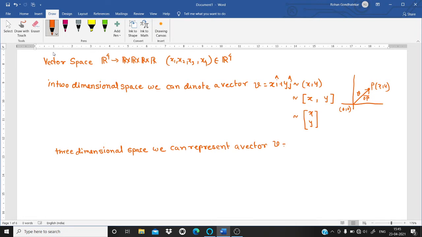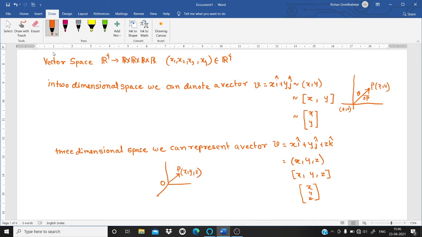I'll take the same notation v as x i cap plus y j cap plus z k cap, which is nothing but a point form x comma y comma z, or we can represent it as a row vector, a row x comma y comma z, or we can represent it as a column vector. Again, these are all representations of a vector in the space, which is joining the point O, that is origin, and the point P x comma y comma z.